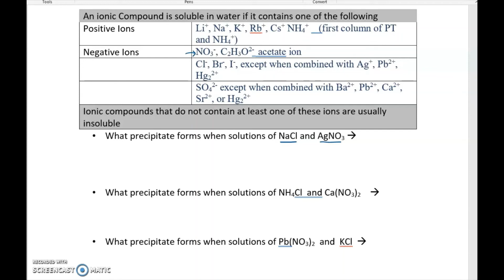So the sodium will dissolve into positively charged ions, and we'll put aqueous beside it, plus chloride ions, which will be negatively charged, and we'll put aqueous beside that. The silver will form a positive charge, and the nitrate will form a negative ion.